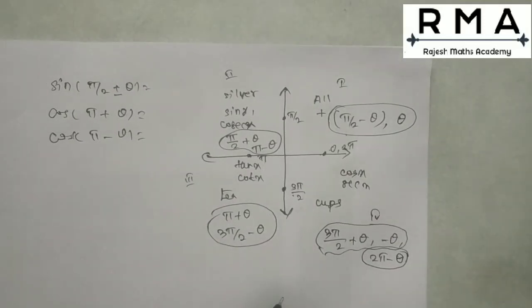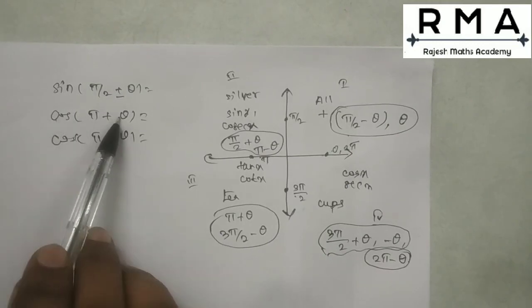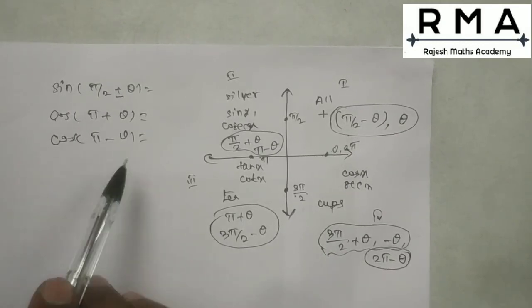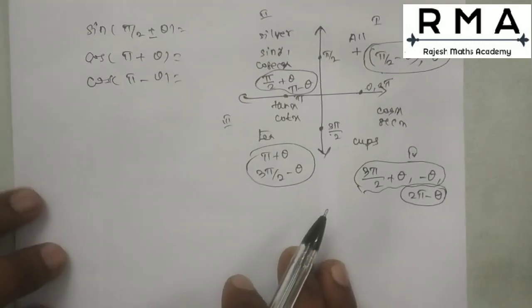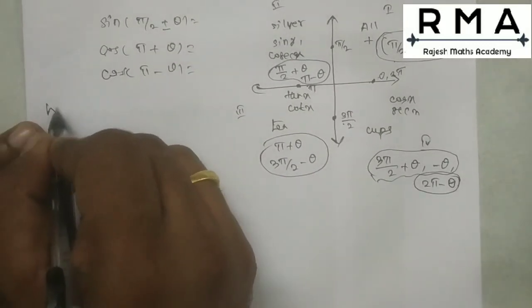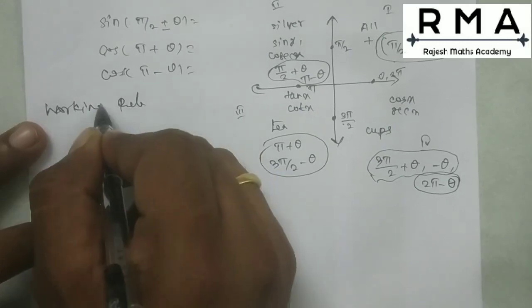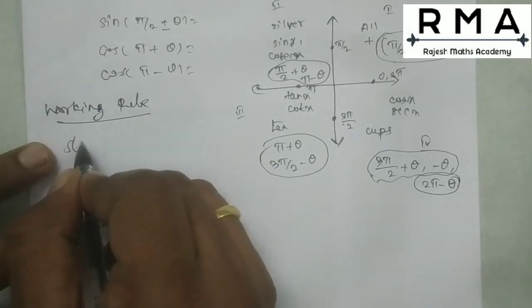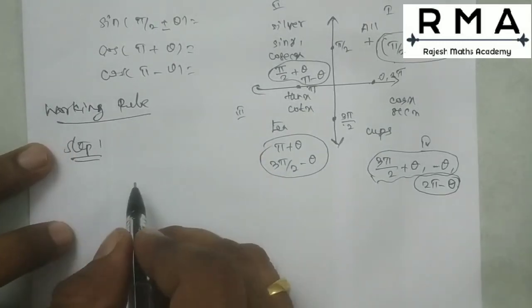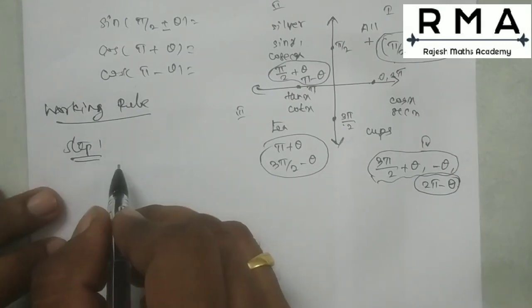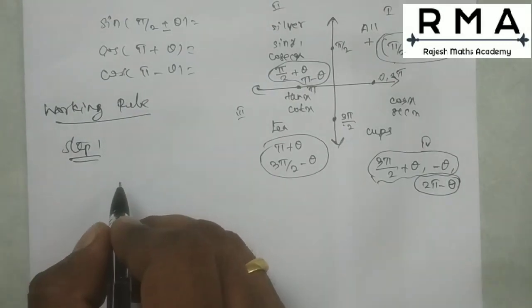So now we have to write the value of cos of pi plus theta, pi minus theta. For that I have a working rule. Step 1: whatever function is given, we have to write the angle in terms of multiples of pi by 2.